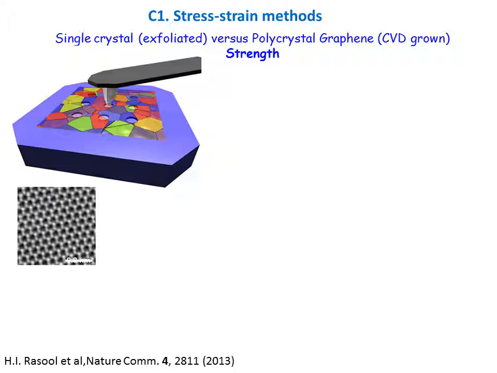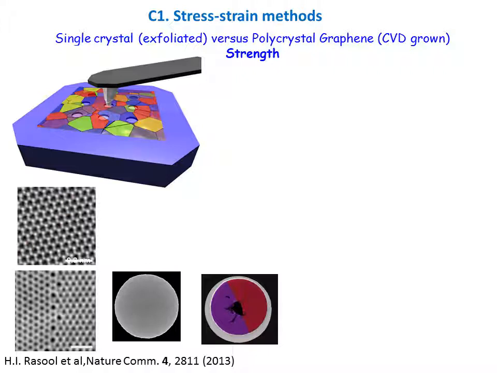In the different holes, you can find either single crystalline graphene, as here, or polycrystalline graphene, as here, and you can identify grain boundaries with a given crystallographic angle between the two crystallites, which can be measured by electron diffraction. It is 30 degrees in this case.